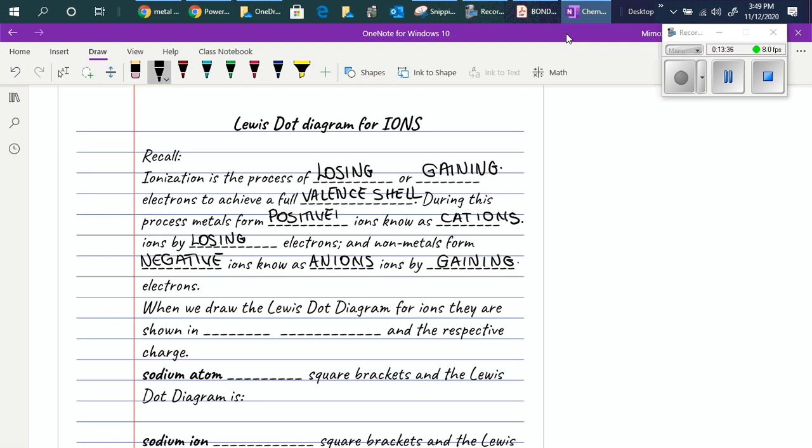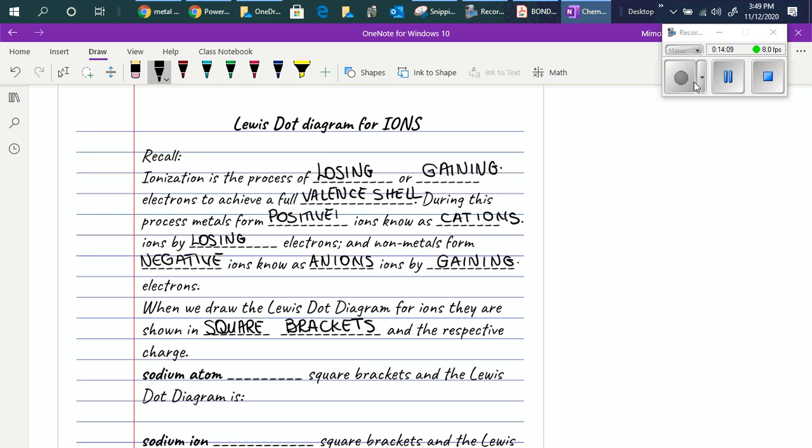When we draw the Lewis dot diagram for ions, they are shown in square brackets. When we draw an element like we drew before, we just draw the element, but when we are working with ions, to show that we have ions, we use square brackets.